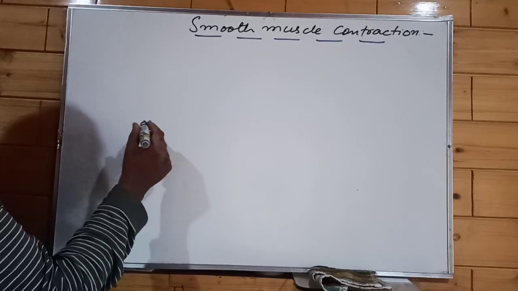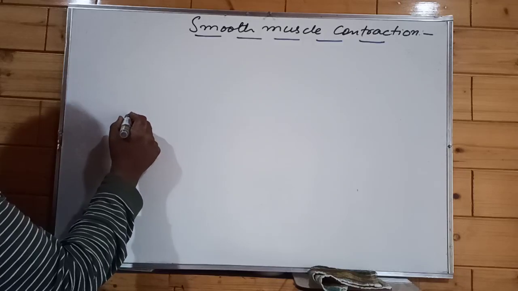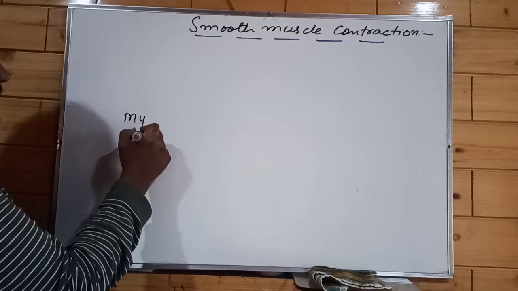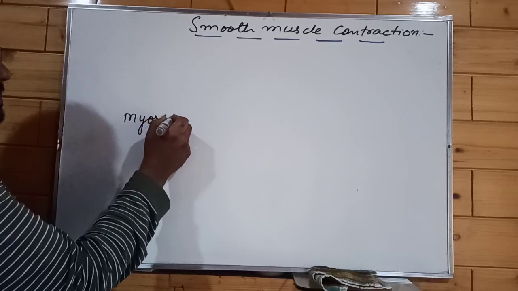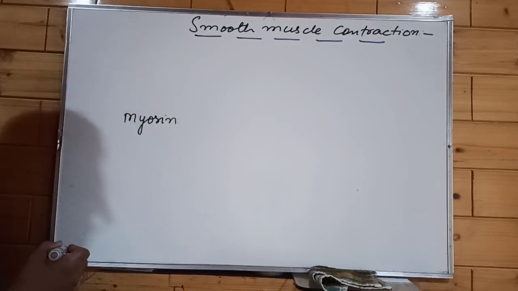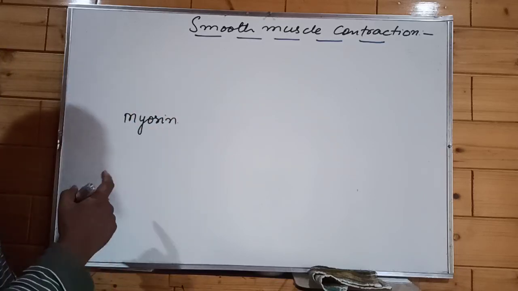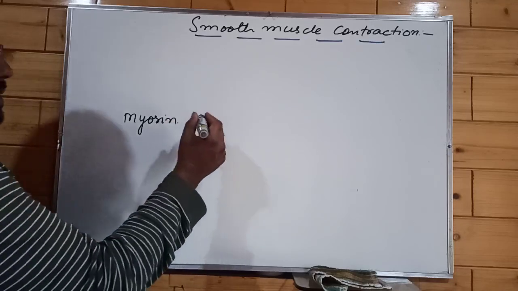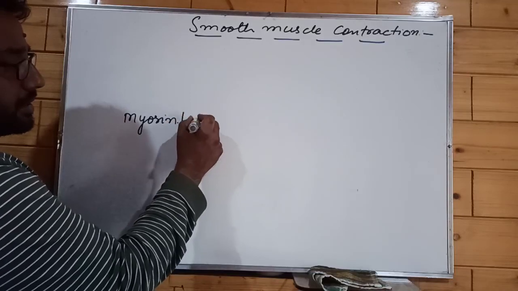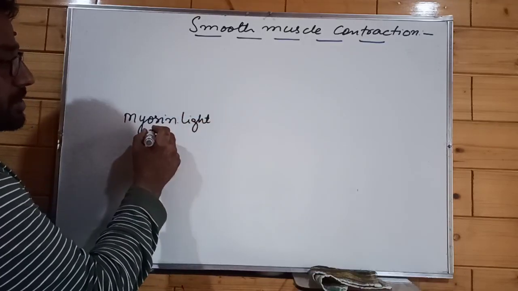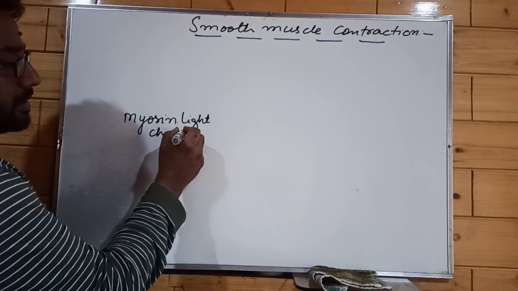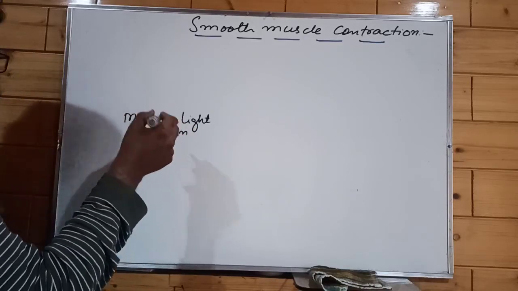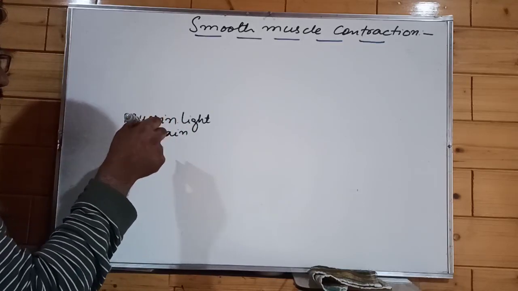In the smooth muscle, you already know that there is a myosin protein, a primary myofilament, and we already know that myosin consists of light chains and heavy chains. I'm talking right now about the myosin light chain. Myosin light chain itself is intrinsic in the myosin protein.